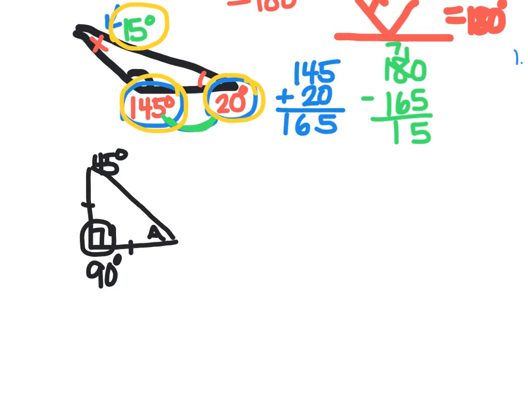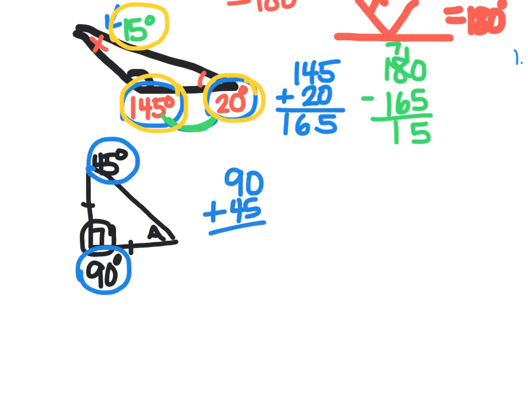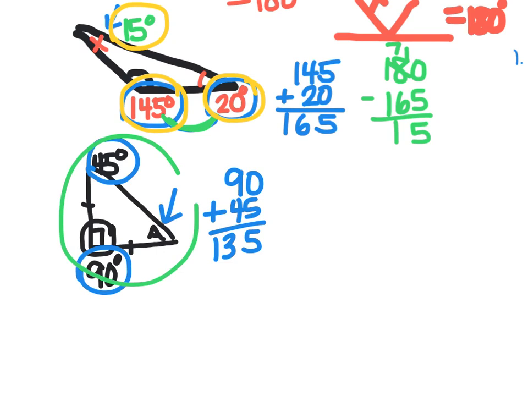We are going to take the two angles that we know, 90 plus 45. We add those two together, and we get 135. Now we're still trying to find missing angle A, so we are going to take 180, which is the entire degree measure of a triangle.